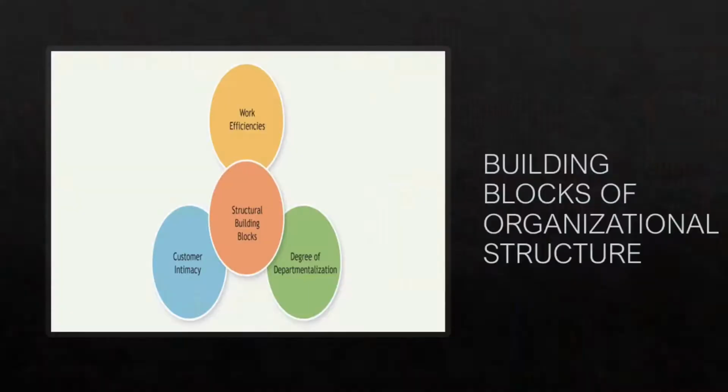The third block is departmentalization, and this refers to dividing the organization into work units, and these work units are defined functional areas. And when we do this, we take into consideration the certain expertise or skill sets that are needed to perform different tasks.